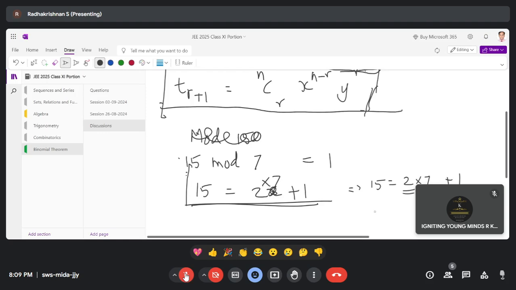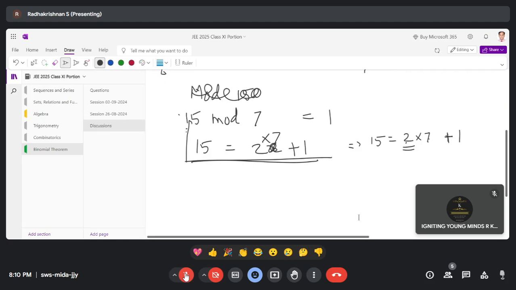Or we can say if you take 22 also, 22 mod 7 will be 1. So that means it is 7 into some quotient plus 1, remainder is what matters. Yeah, இப்போ இதோட consequence என்ன அப்படின்னா, if you take 15 square, what is 15 square mod 7?